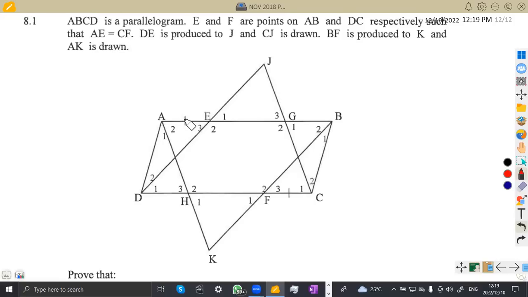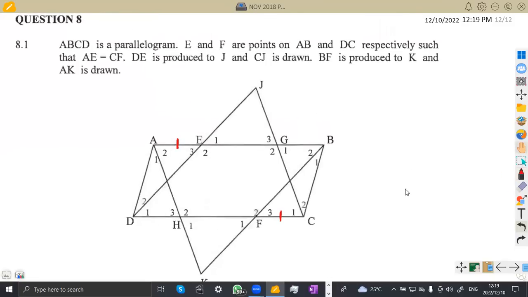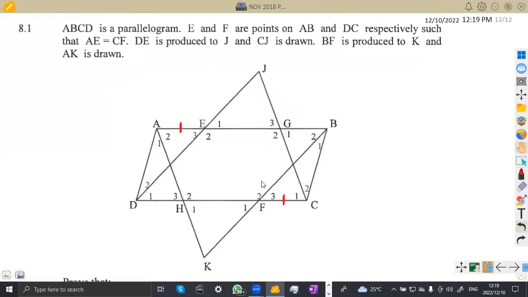So from A to E here, it is the same as from C to F, which is this point. Then DE is produced to J and CJ is drawn. BF, from B to F here, is produced to K and AK is drawn. All right, so that's it.